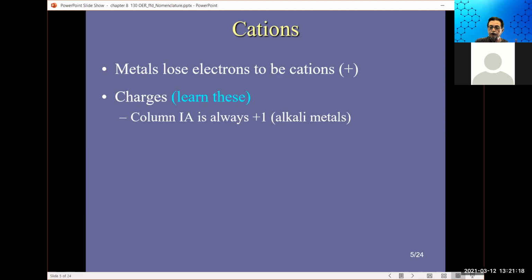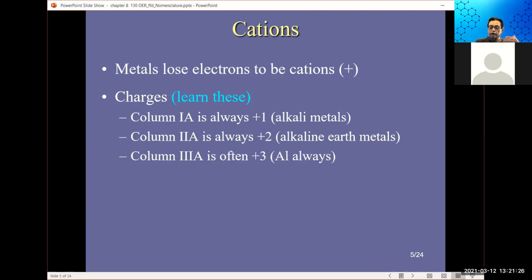Okay. So I just mentioned here group 1 valence electron, always a +1. Group 2, always a +2. Group 3, always a +3 for the metals. The one above aluminum, boron, being a metalloid, it can vary.